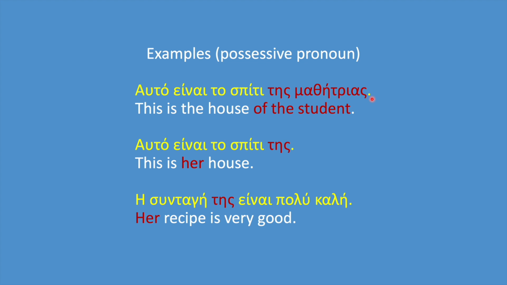If we want to replace της μαθήτριας with a pronoun, we get Αυτό είναι το σπίτι της. This is her house. This is a possessive pronoun. Another example. Η συνταγή της είναι πολύ καλή. Her recipe is very good.